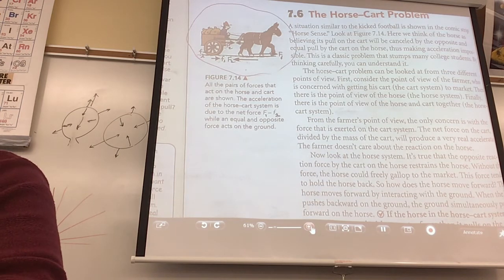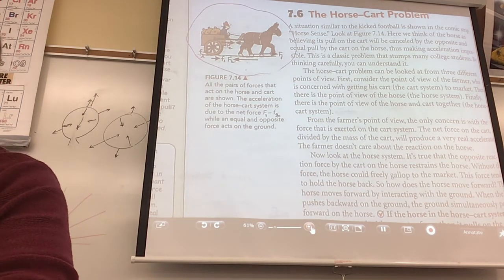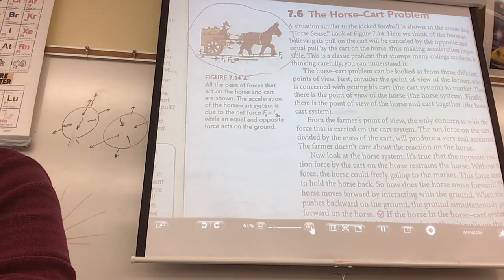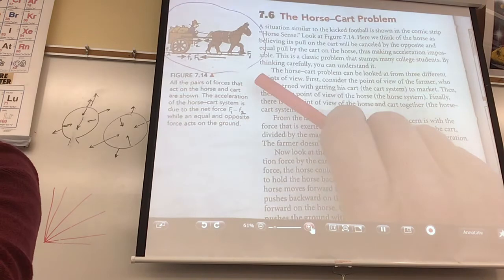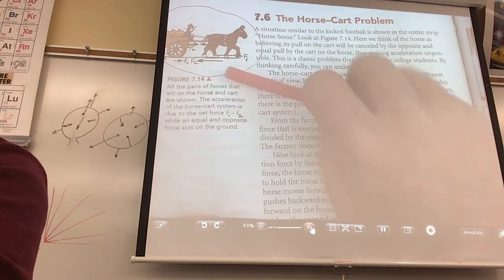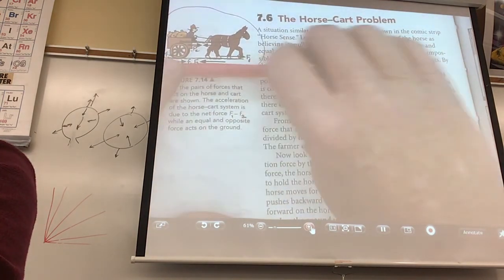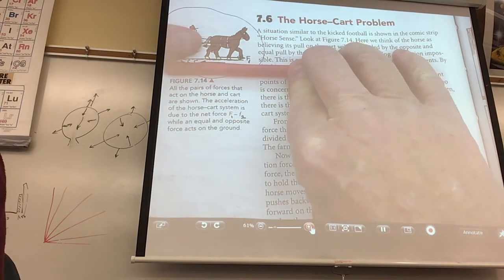Now, let's think about this. This is the good stuff right here. Tell me, will the horse accelerate to the right? I'll give you a clue. These are on the ground, don't look at them. These are on the cart, don't look at them.